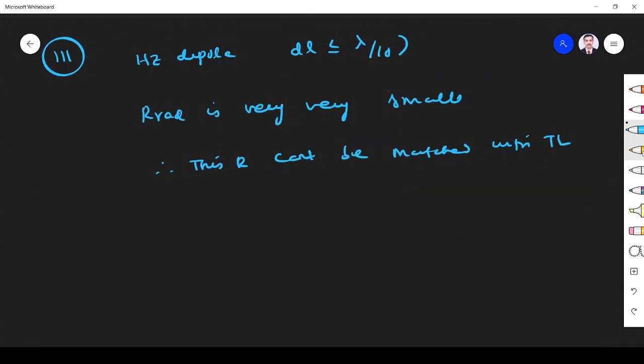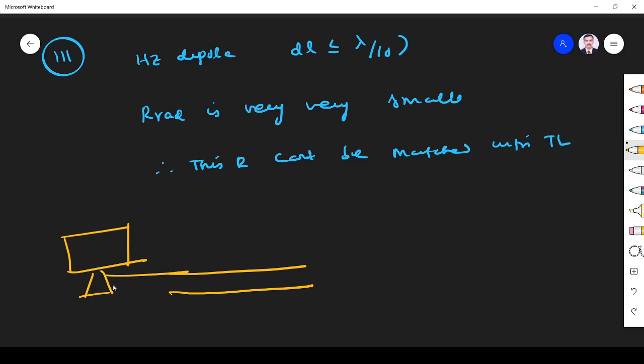Suppose let us assume that your transmission line is coming from, for example, our TV or something else. So here we have a transmission line, and coming to our antenna, what will happen?